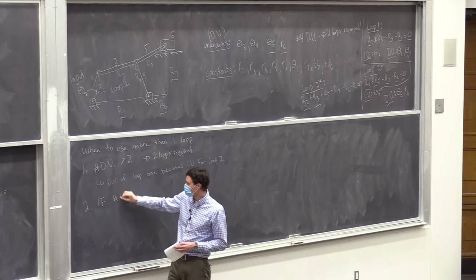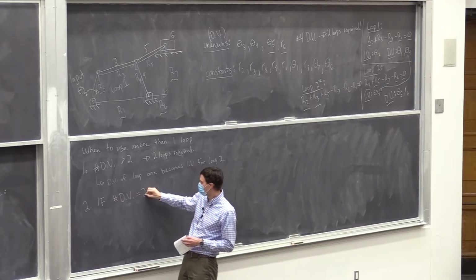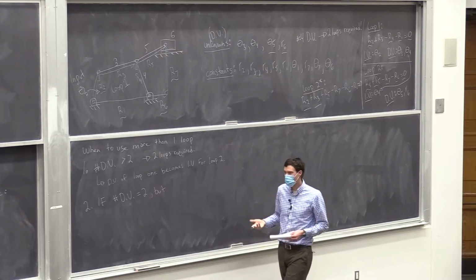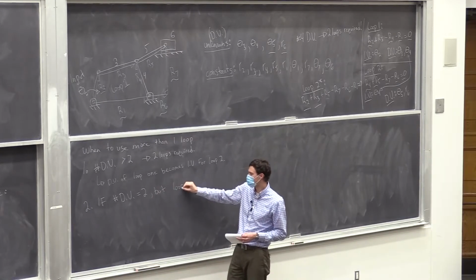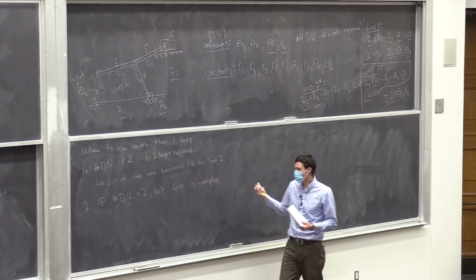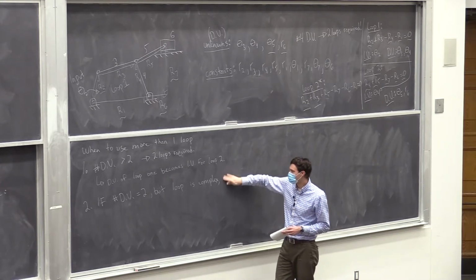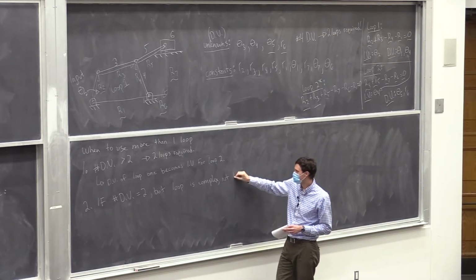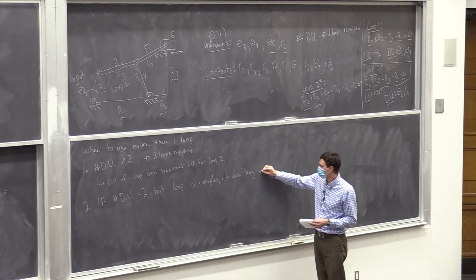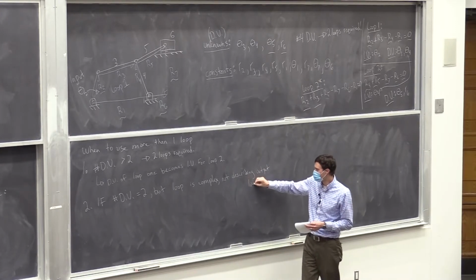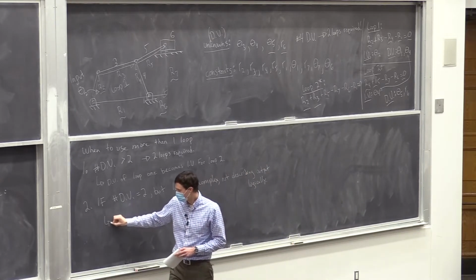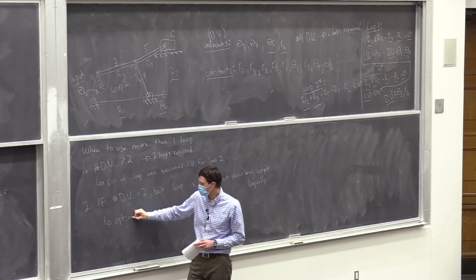If our number of dependent variables equals 2, but our loop is too complex, or we look at it and we say our loop's getting pretty big, the loop is complex, or not describing the output easily or logically. And we'll look at what I mean by that in a second. Then you have the option to use a second loop.